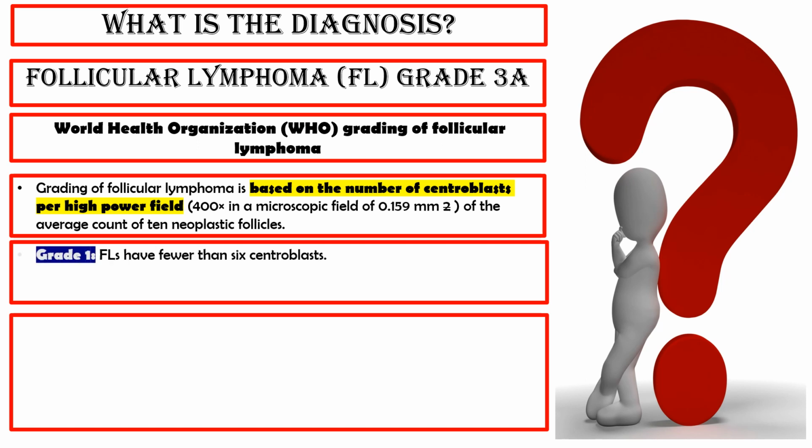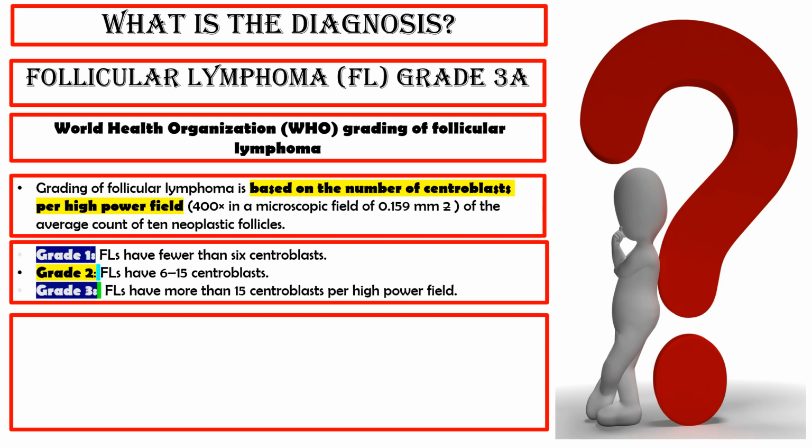Grade 1 follicular lymphomas have fewer than 6 centroblasts. Grade 2 follicular lymphomas have 6 to 15 centroblasts. Grade 3 follicular lymphomas have more than 15 centroblasts per high power field.